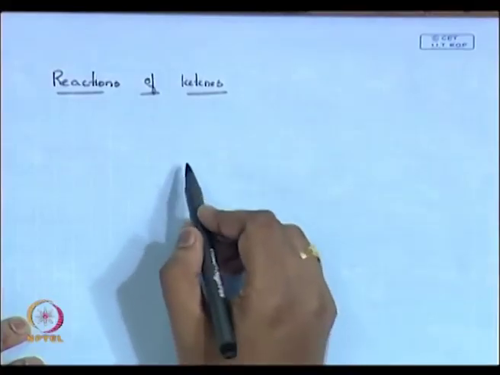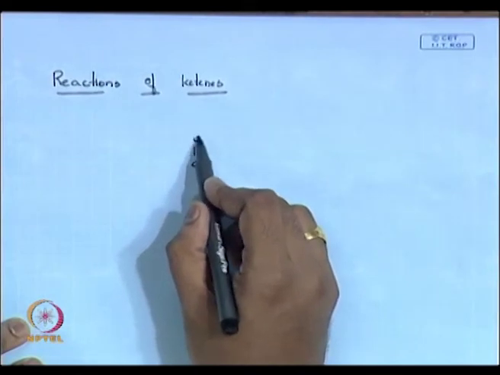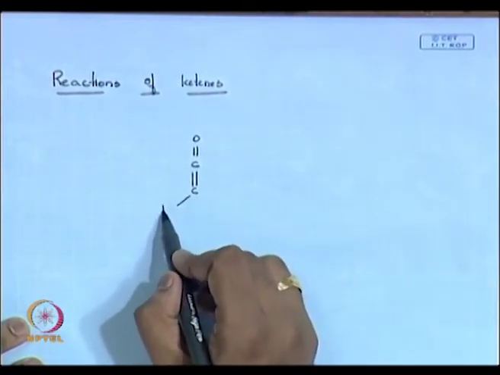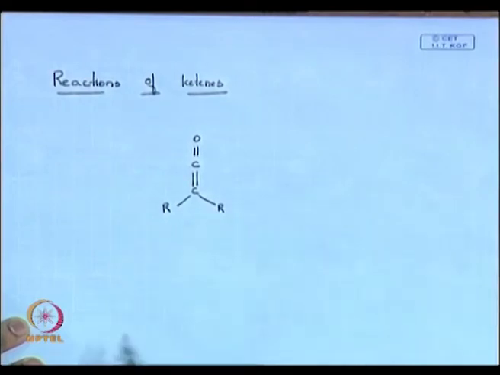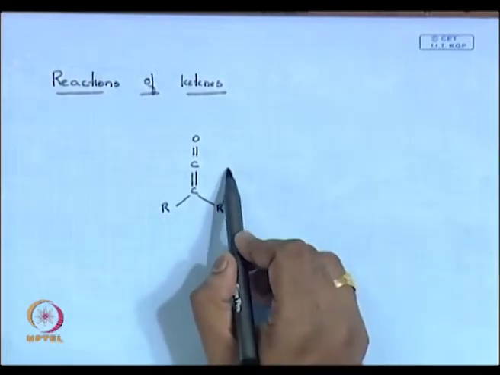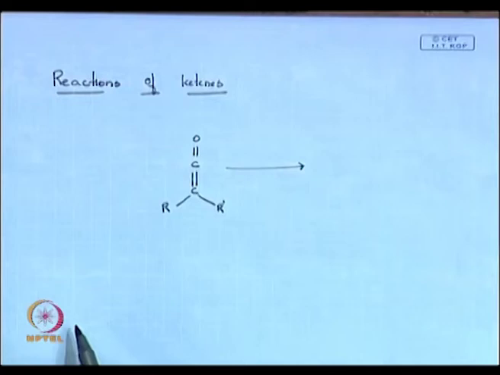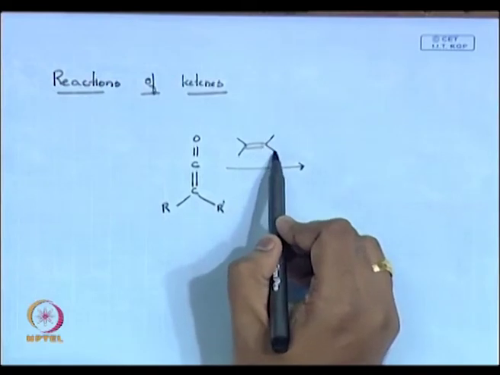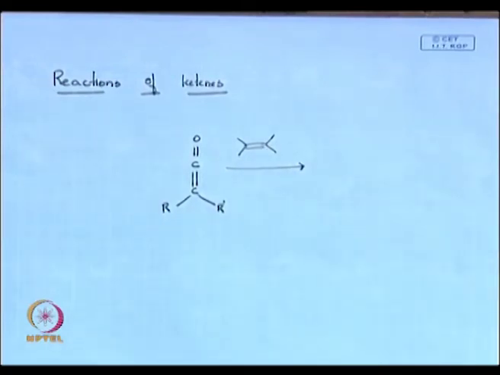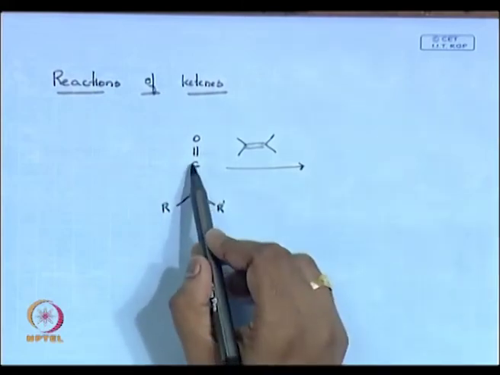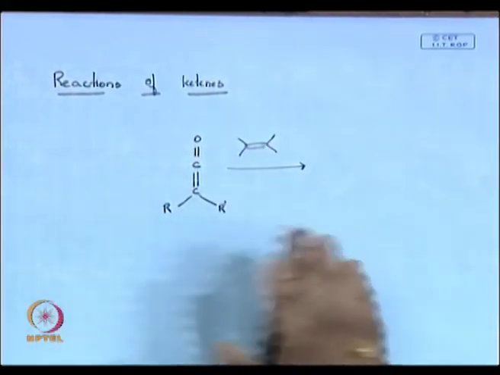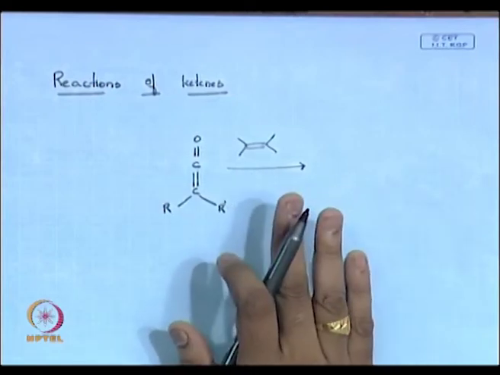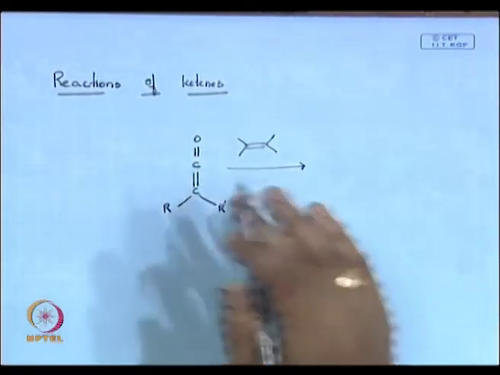For example, if I have a general ketene and I treat it with an alkene, it undergoes a type of 2+2 cycloaddition. We will get into detail for other chemistry. This is just a summary of what ketene can do. Then we will get into individual chemistry.